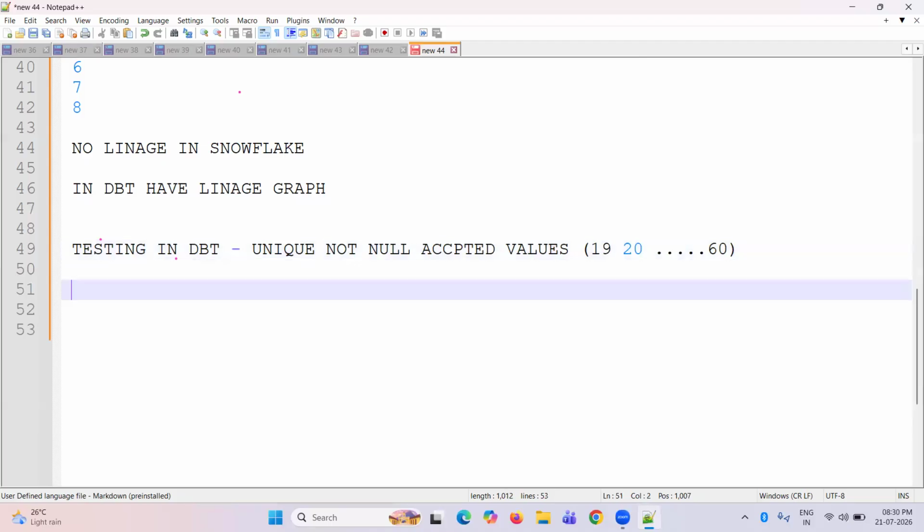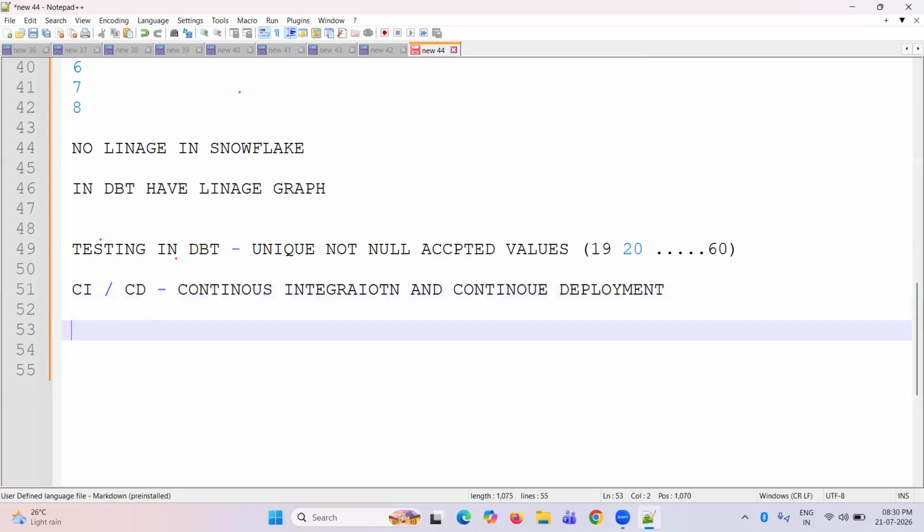So we have the CI/CD pipeline. What is CI/CD? Continuous integration and continuous deployment. We have continuous integration and deployment in DBT.